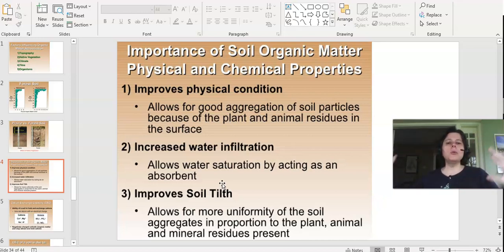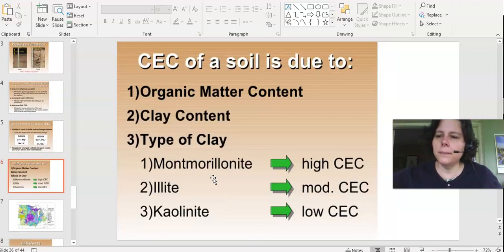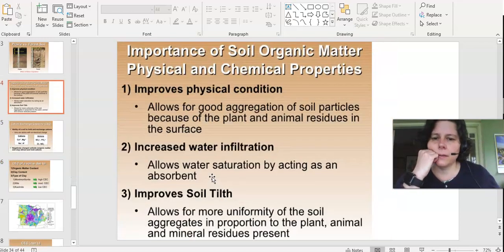Well, the organic material helps to hold some of that in so the plants get it for later on. So it acts that way. And improved soil tilth allows for uniformity of soil aggregation in proportion of plant, animal, and mineral residue present. So it impacts the whole of the water quality that's inside of there.